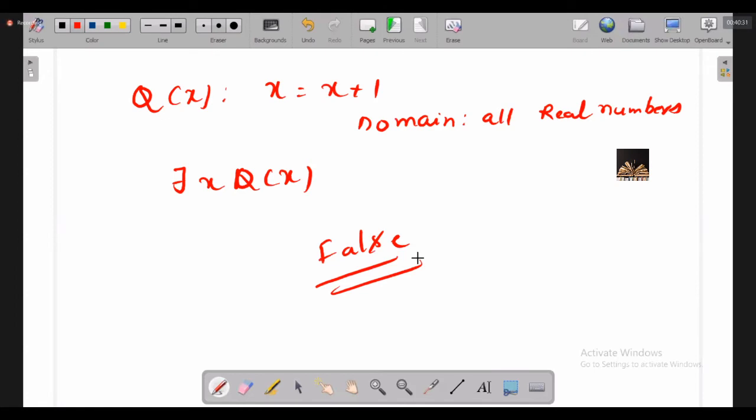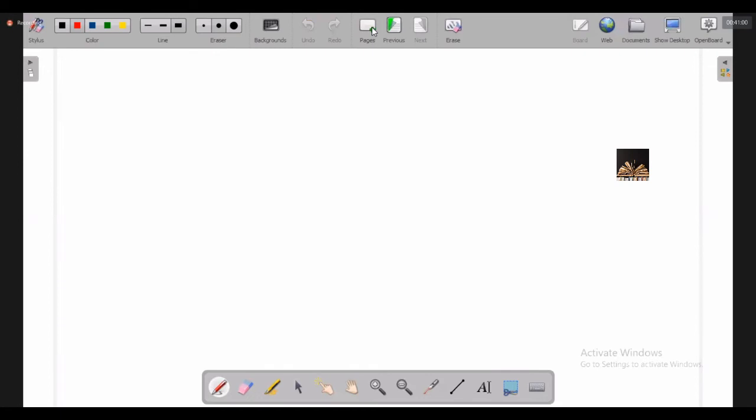Note down. Okay, some predicate P of x, where P of x is x square greater than 10.